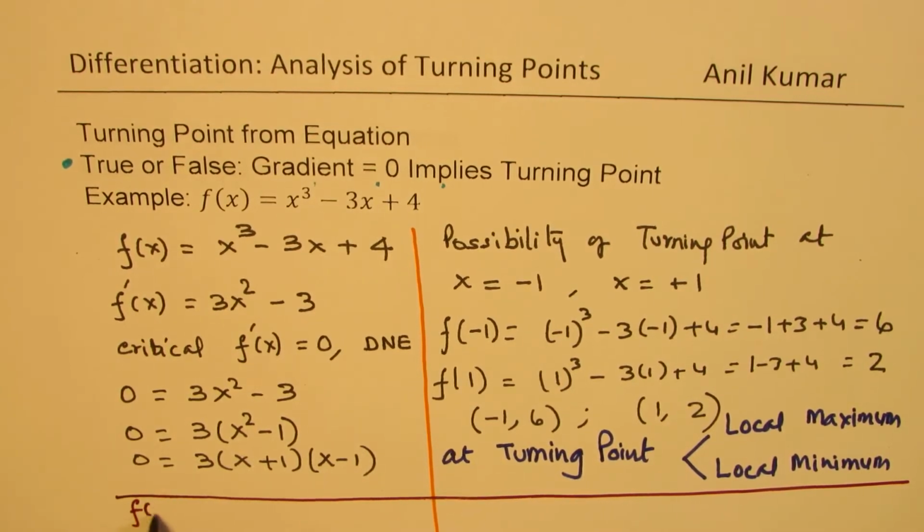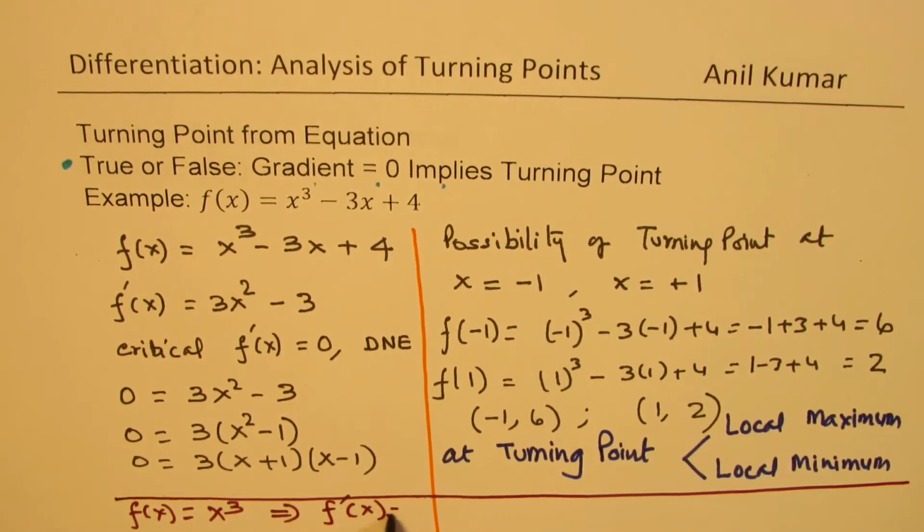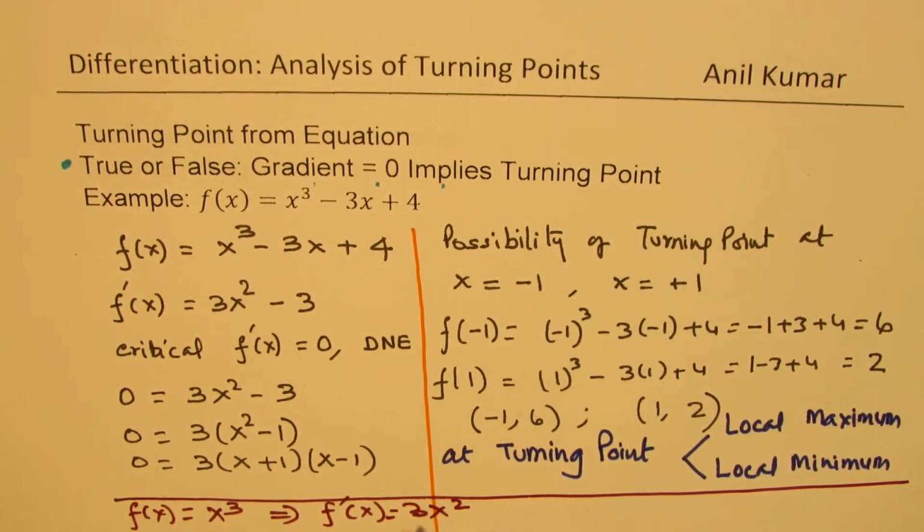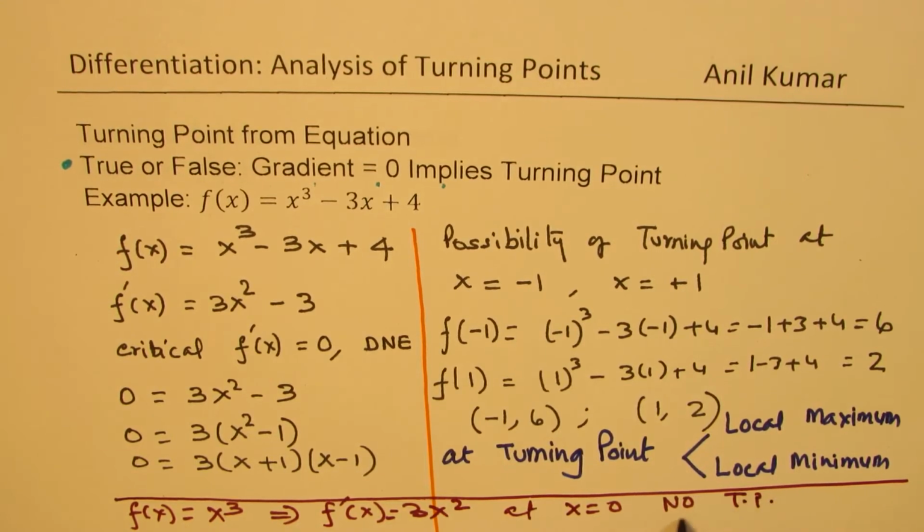If I take the function f of x equals x cubed, then the derivative of this function will be 3x squared, right? Now, for this particular function, we do not have any turning point at x equals 0. No turning point.